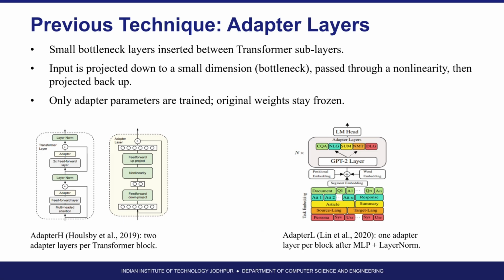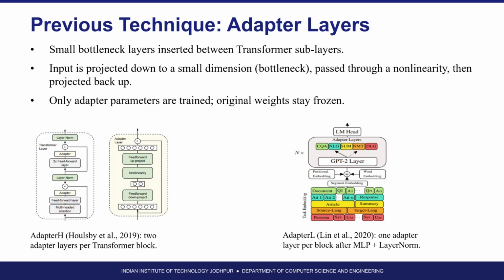So some techniques exist before LoRA. One is the adapter layers. The idea is simple. You insert small bottleneck layers between the existing transformer sublayers. The input gets projected down to a small dimension, passes through a non-linearity, and then gets projected back to the original dimension. The key here is that only the adapter parameters are trained.